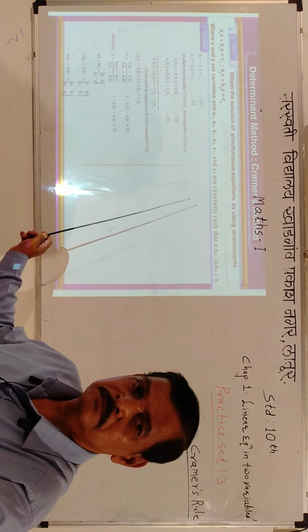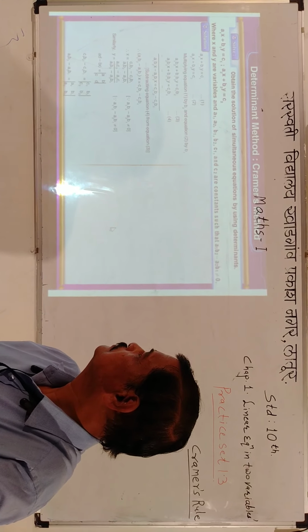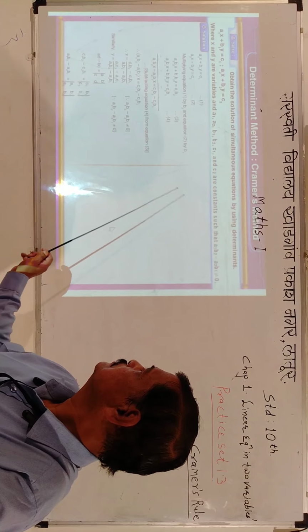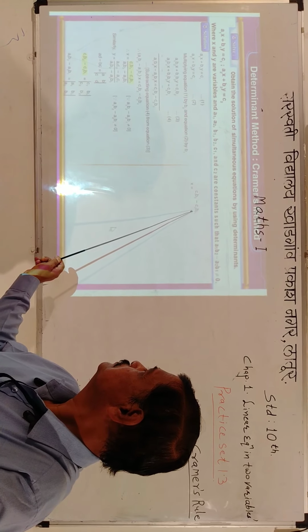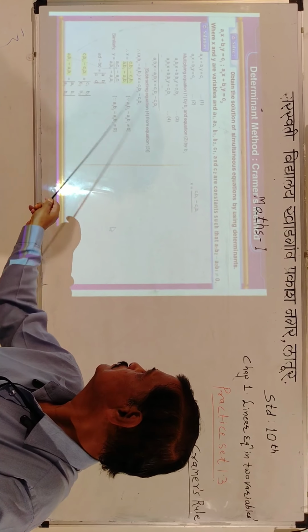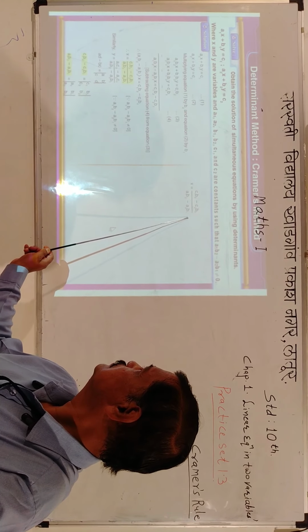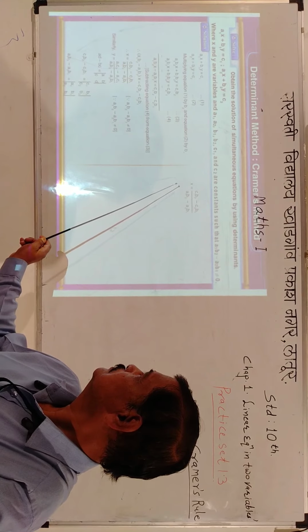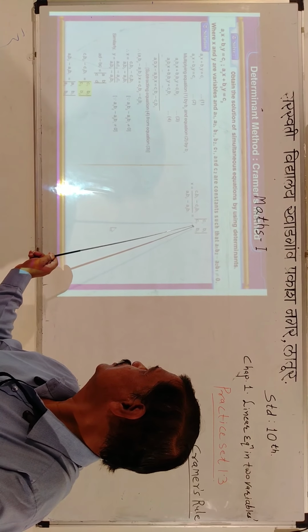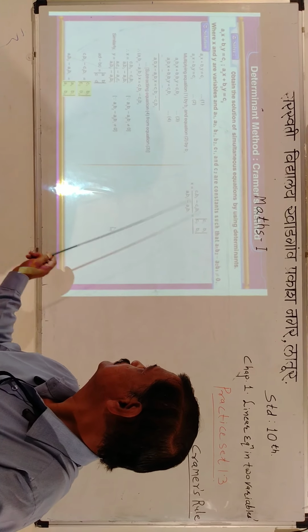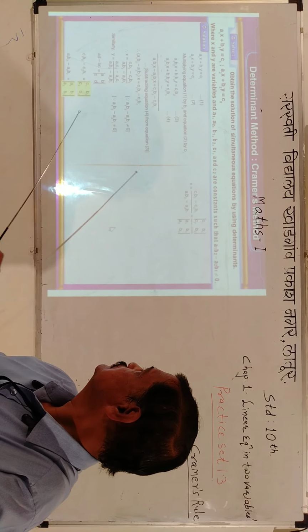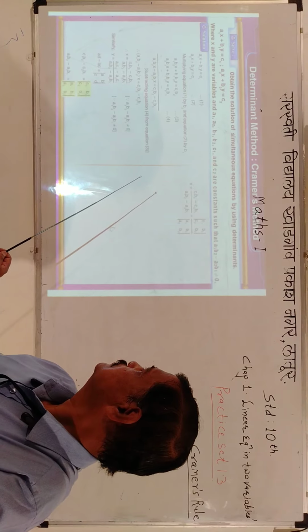Therefore, the value of x can also be written in the determinant form. X is C1B2 minus C2B1 upon A1B2 minus A2B1, which is determinant of C1B1 C2B2 upon determinant of A1B1 A2B2.